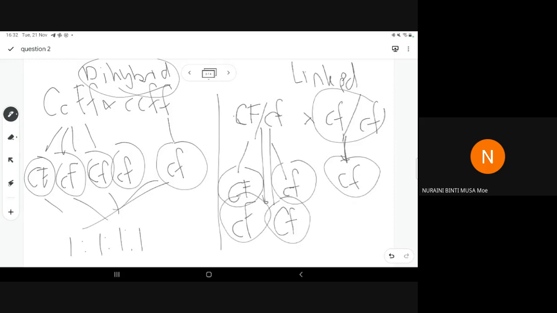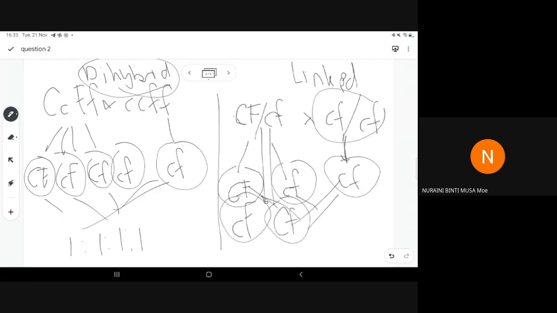Dekat prophase 1, the chromosome can undergo crossing over. Okay, so kalau CF besar dengan CF kecil crossover, sometimes dia boleh tertukar dia punya allele and dia dapat juga C kecil F besar and C besar F kecil. And when they cross, you still get 4 genotype offspring.